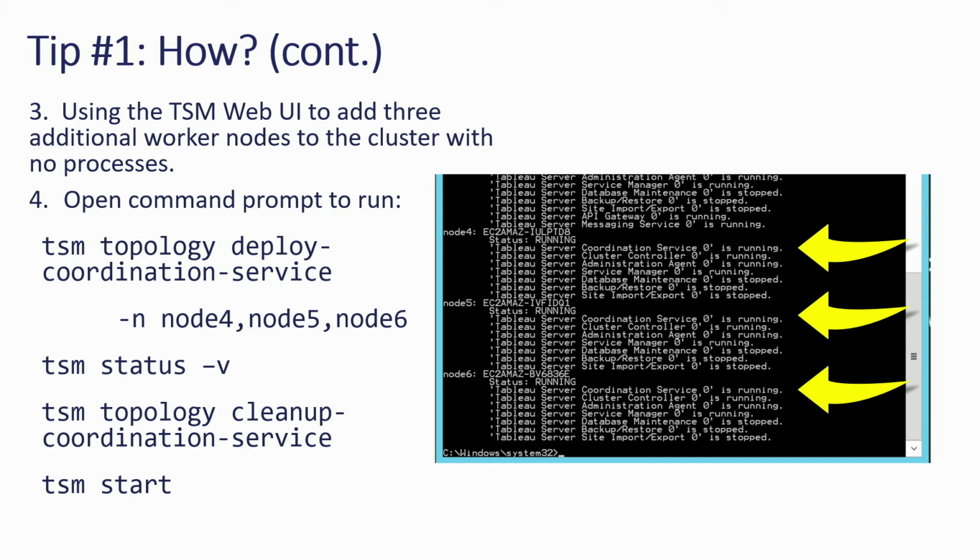But eventually it's going to come back and say things are okay, and actually, you can see over there, after you start it up, that's what it's going to look like on those 3 servers. They have a certain minimal number of processes, but the important ones for our purpose are those coordination service processes.